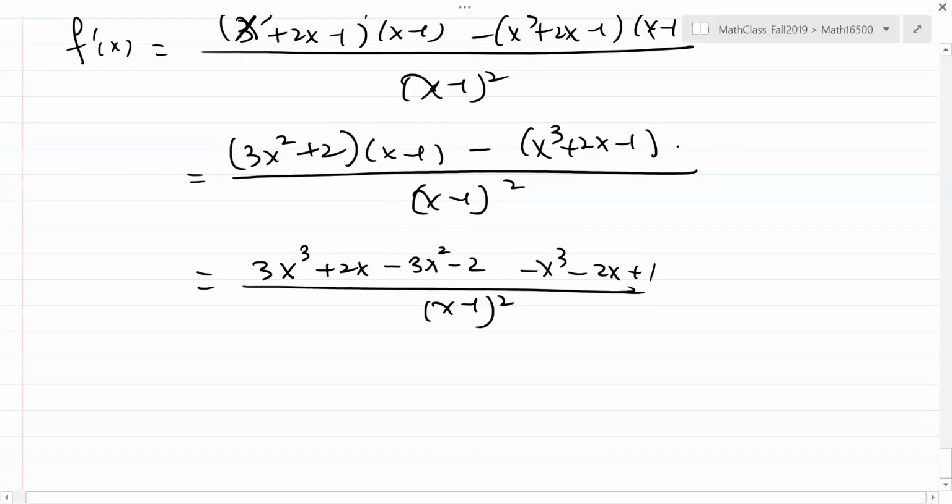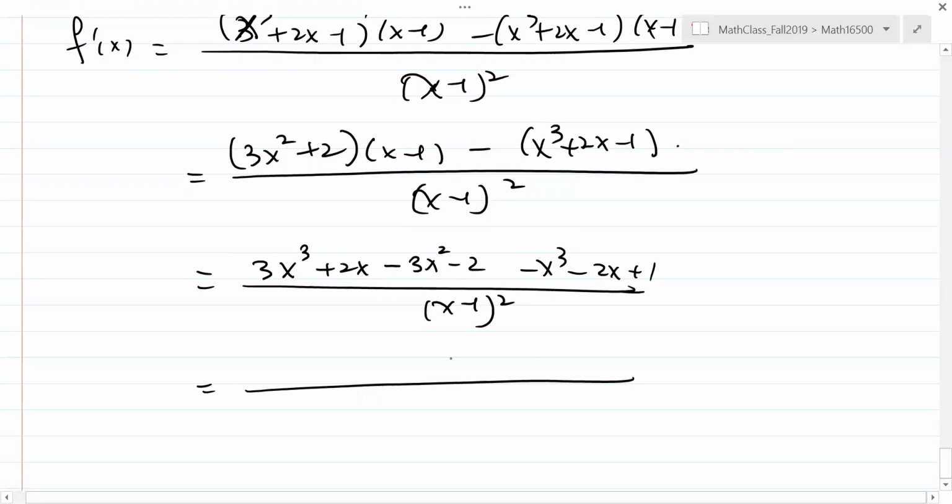Okay. Then how many x cubed are there? So you get 2x cubed minus 3x squared, 2x is gone, and minus 1.